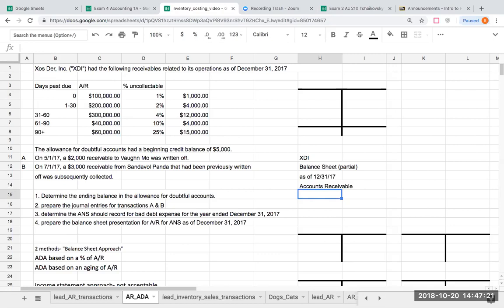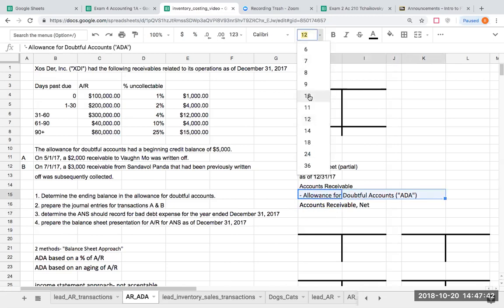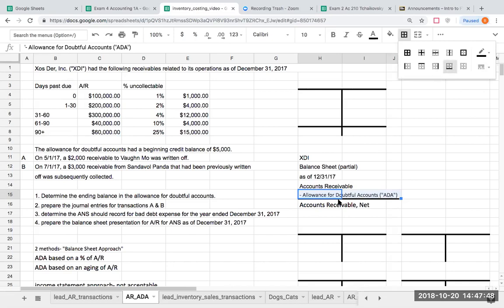To do that, we're going to use something called the allowance for doubtful accounts, or ADA, to give us accounts receivable net. And when we say accounts receivable net, what we're really saying is that this is the amount that we are expecting to be collecting from our customers.